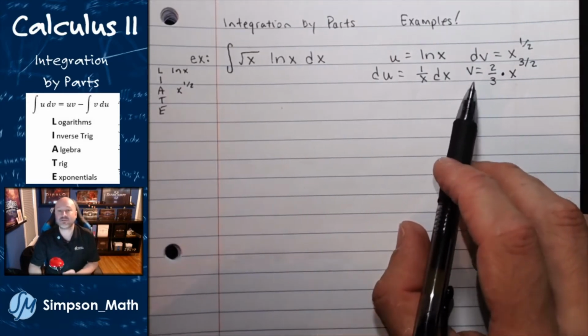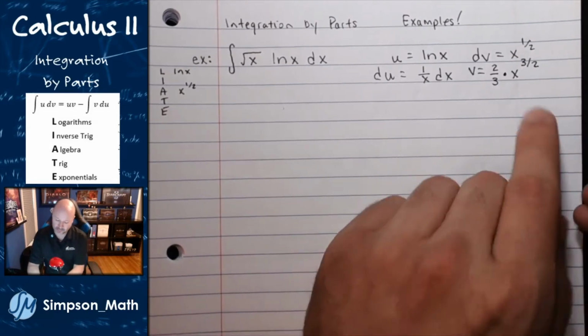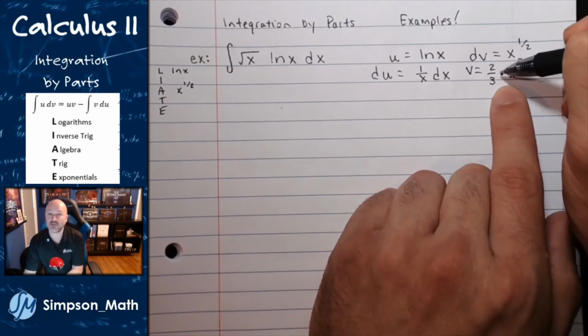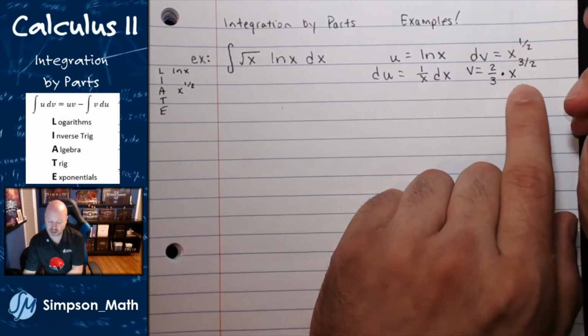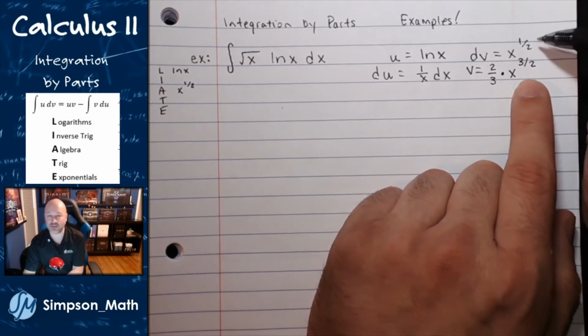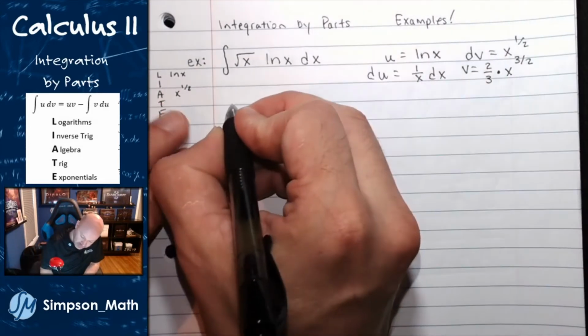Meaning if I were to take the derivative of 2/3 x to the 3/2 power, 3 halves comes out front, multiplies with 2/3, and the coefficient is gone. Reduce the power by 1, and there I have dv, the derivative of v. I'm going to write down the parts formula to help me memorize it.